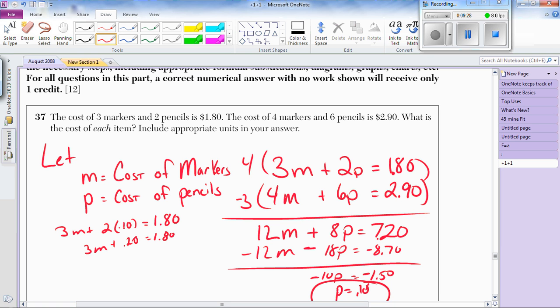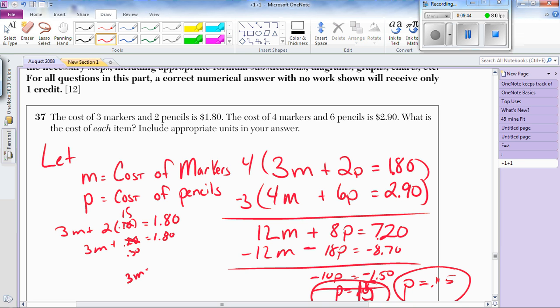It should have been 15 cents. I don't know what I was thinking. Just realized, because I knew this was going to work out. So the pencils is equal to 15 cents. Maybe that's what I was trying to tell myself when I kept miswriting it. Changes to 15 cents, changes to 30.